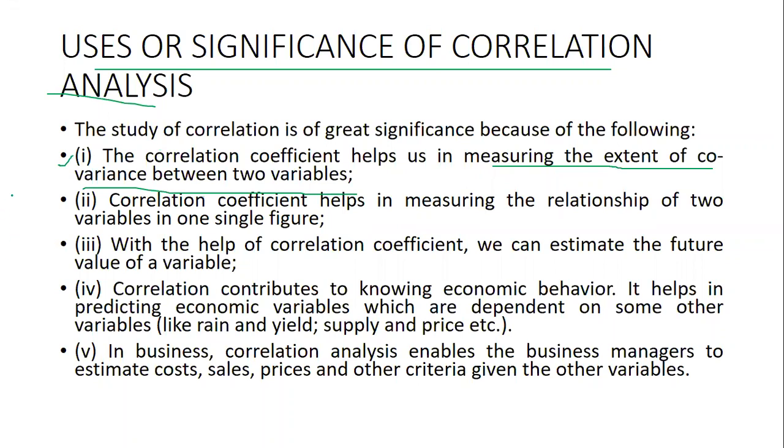Then correlation coefficient helps in measuring the relationship between the variables in one single figure. So in one place only, you will be able to understand about two or more factors which are affecting you.